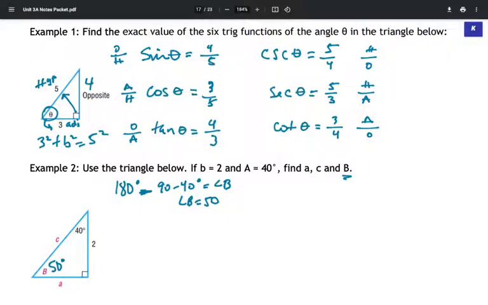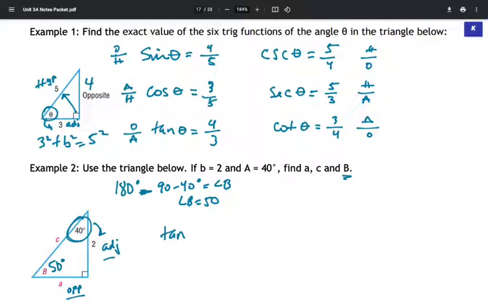And then we can use either of those acute angles and this side that they have given me right here to figure out the other 2 missing sides. So if I use this as my reference angle, this is the adjacent side, this is opposite, and the trig function that uses opposite and adjacent is tangent.